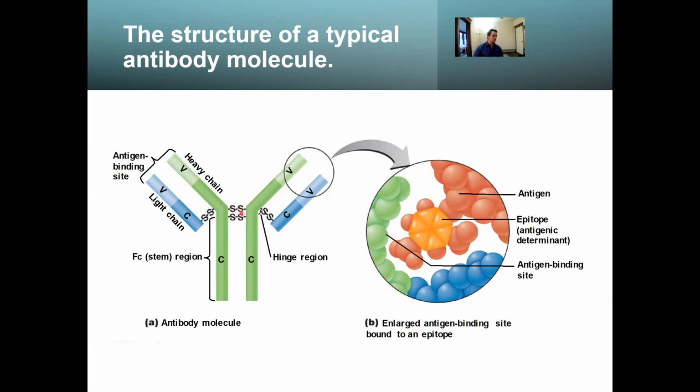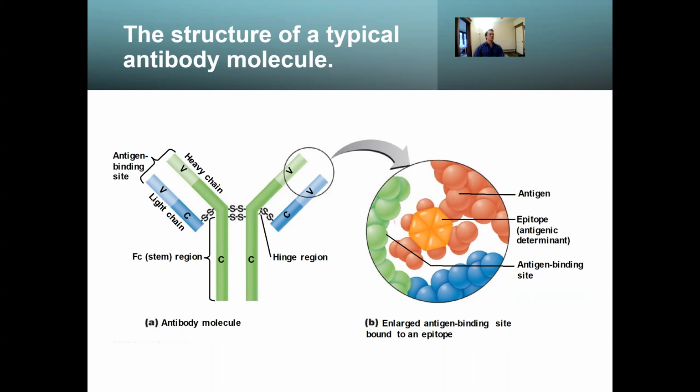Here you can see the disulfide links that link this entire antibody together. Please note, though, that the Y-shaped molecule is flexible, and it can also assume a T shape. Notice the hinge region here, where you can still have some movement, so it can flatten out to resemble a T shape.